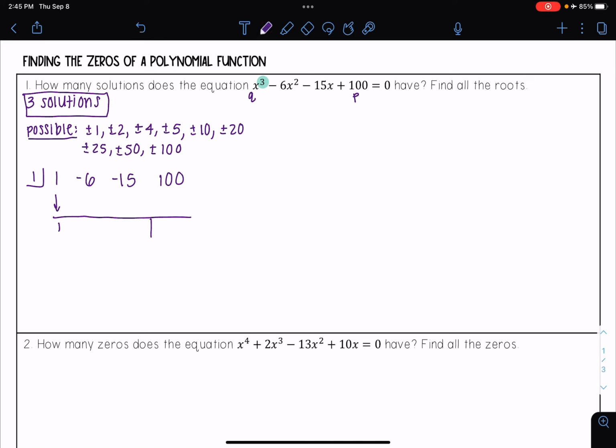So now I'm going to move on to -1. -1 times 1, I get -1. These add to -7. I get +7. This adds to -8. I see this is also not going to get me 0.